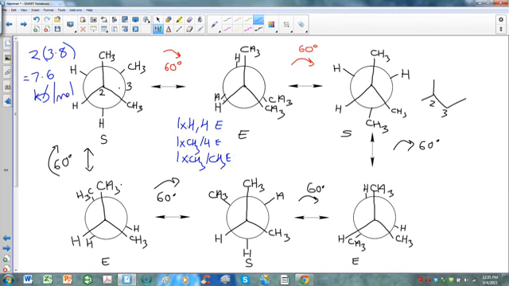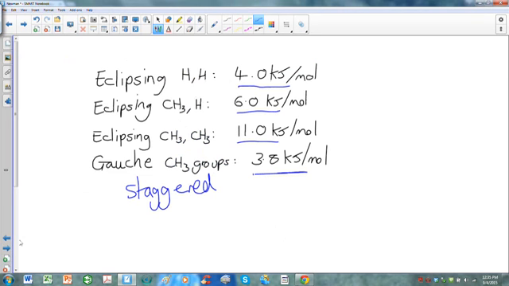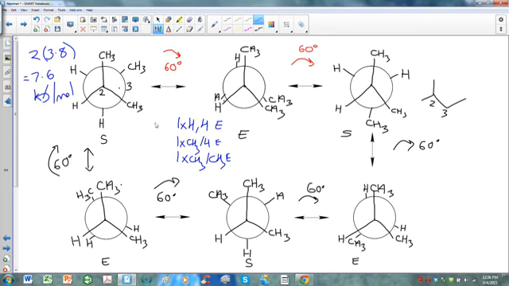Each of these has a particular energy. The hydrogen-hydrogen has an energy of 4 kilojoules per mole, the CH3-H is 6, and the CH3-CH3 eclipsing is 11. Meaning this is 4 plus 6 plus 11, so there's obviously much higher energy in this conformation than this one. 11 plus 6 plus 4 is 21 kilojoules per mole for this conformation. Obviously much higher than this one.